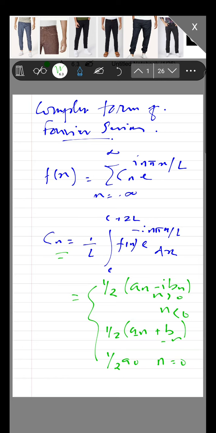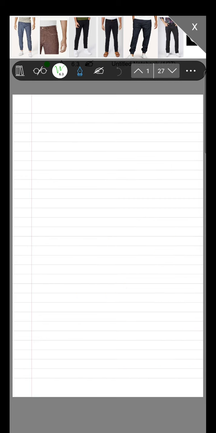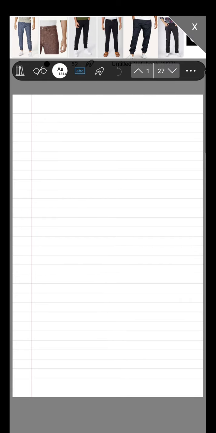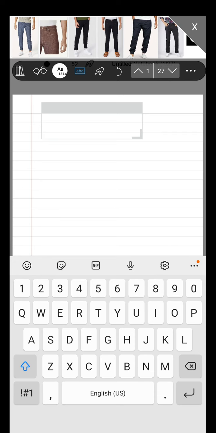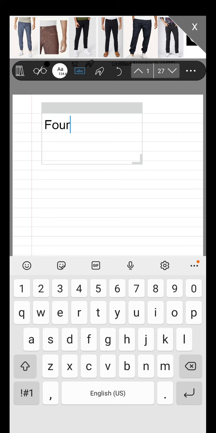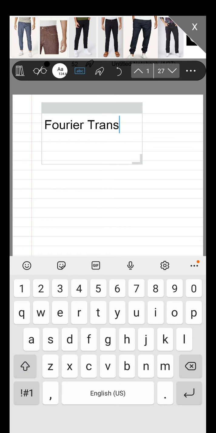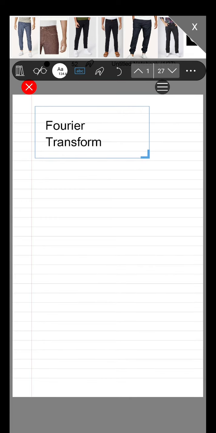Based upon this complex form of Fourier series, we have something called a Fourier transform. Physically, Fourier transform means we are going from one space to another space.